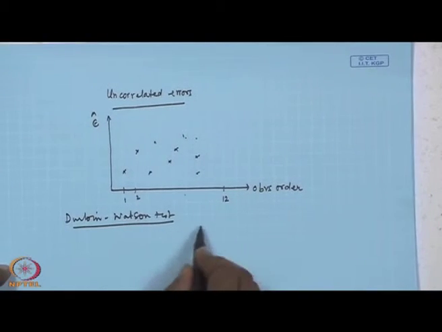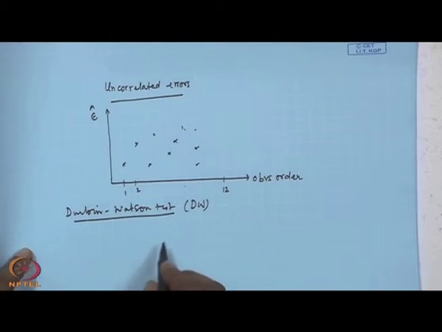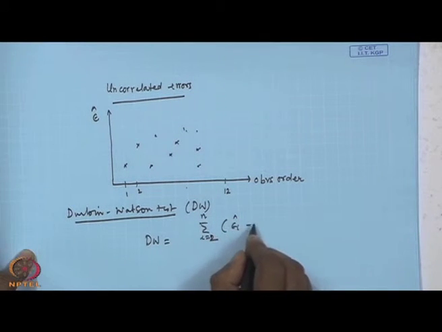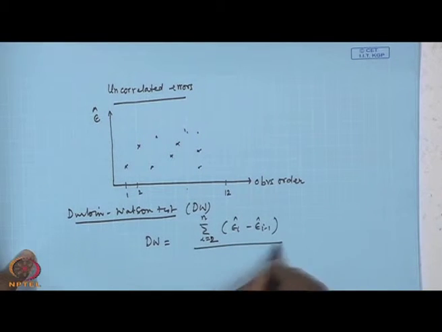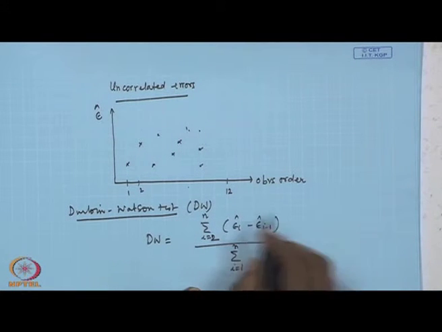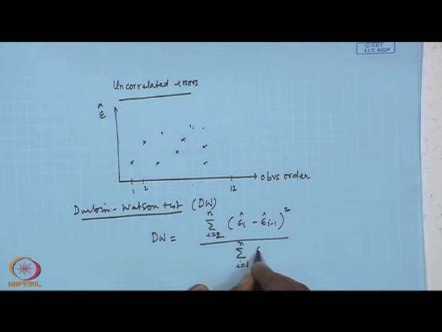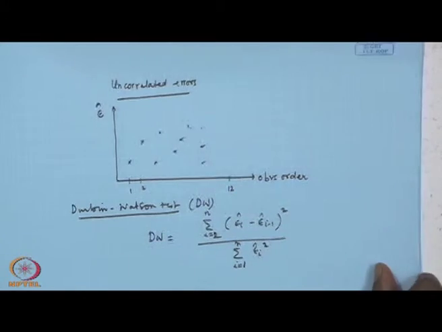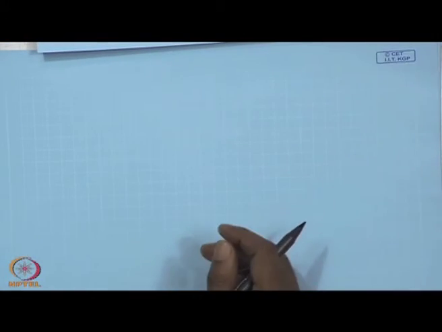If I write DW, it is the sum from i equal to 2 to n of (epsilon i cap minus epsilon i minus 1 cap) squared, divided by the sum from i equal to 1 to n of epsilon i cap squared. So, all of us know the correlation part also.